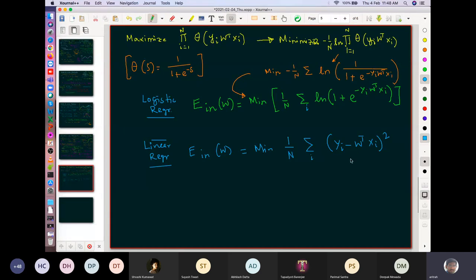And due to such nature of the error, this was earlier my error. I said it is the sum squared error. Here also see there is the same thing. This is your error with respect to the hypothesis that you built, and your actual yi that you get. This is the error. Earlier, this was the sum squared error that you try to minimize.